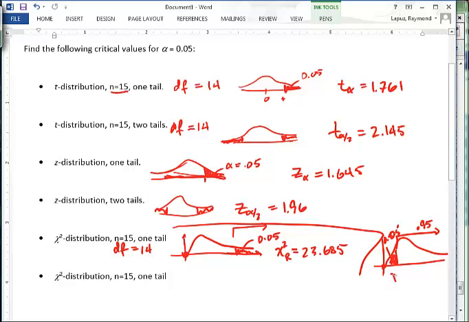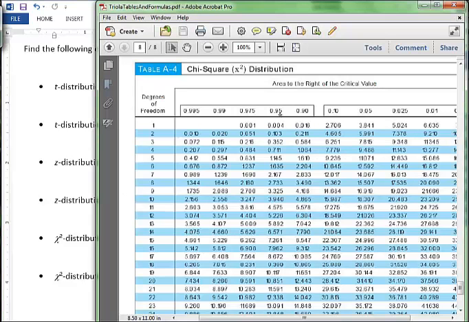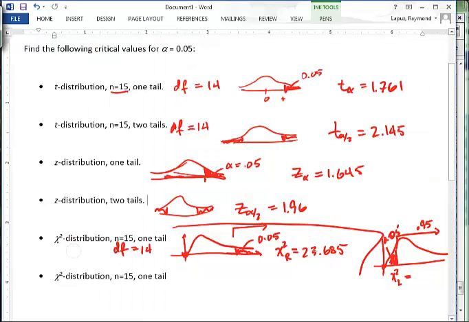So for this chi-square left value, critical value, for the one tail, we look at our table in 0.95. If you notice, that's pretty symmetric about this table, 0.05 and 0.95. And degrees of freedom is 14, will give us a 6.571.